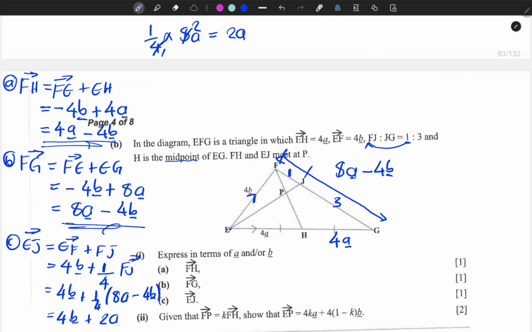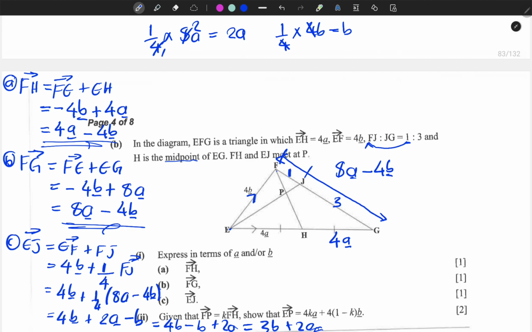So plus 2a minus 1 over 4 times 4b. So the 4s cancel, so here we just get b. Now to simplify our final answer, we have 4b minus b plus 2a, giving us 4b minus b is 3b plus 2a. So this is now our final answer.